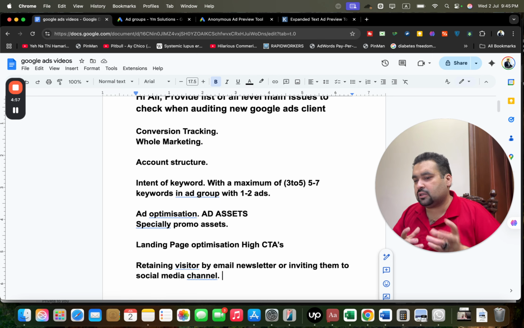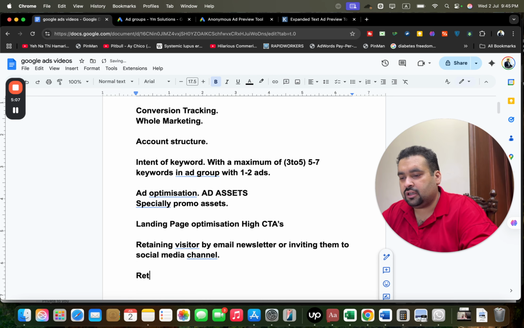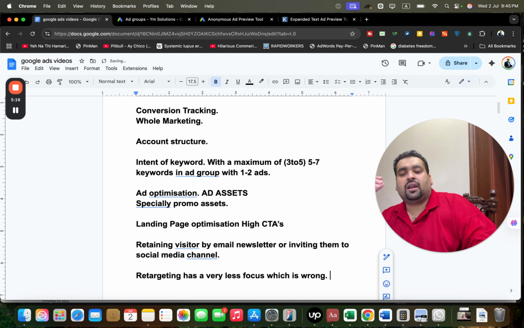So I think that could be another important issue I've seen in auditing Google Ads accounts, and people miss this. Also, retargeting gets very little focus, and I think that is wrong, because again, as I told you above, it takes multiple times for the user to get converted.